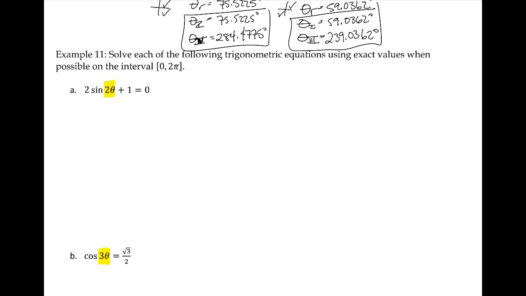So when we are dealing with this, we can hypothetically talk about the angles as being outside of a bigger interval. So when I go to solve, the question is still asking the same thing. We're looking for exact values when possible on the interval 0 to 2 pi. So again, working in radians, switching back.